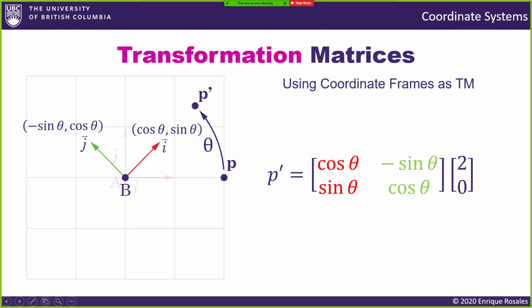Okay, so we can extend this easily into 3D space. This is 2D, but it's very easy to express this in 3D. Right now it's 2D, so we have X and Y; in this case, we had i and j.